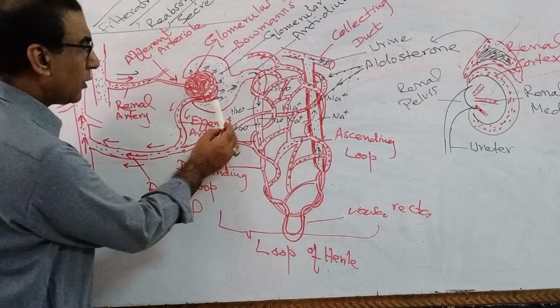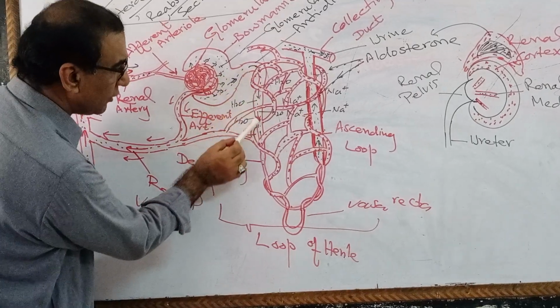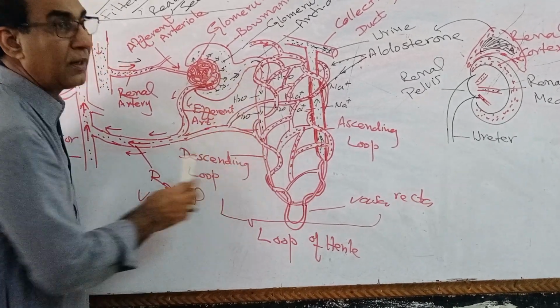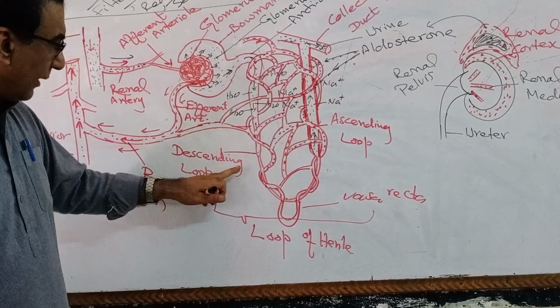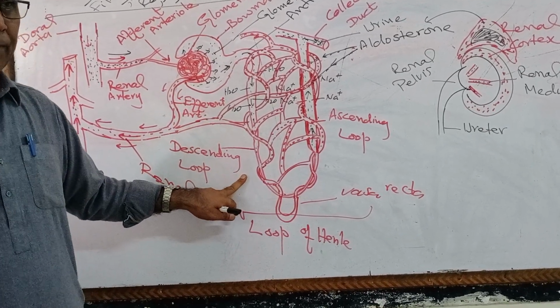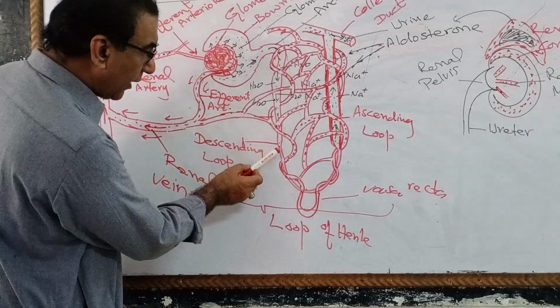This Bowman's capsule sends all the secretions into a long duct, and that is the descending loop of Henle.